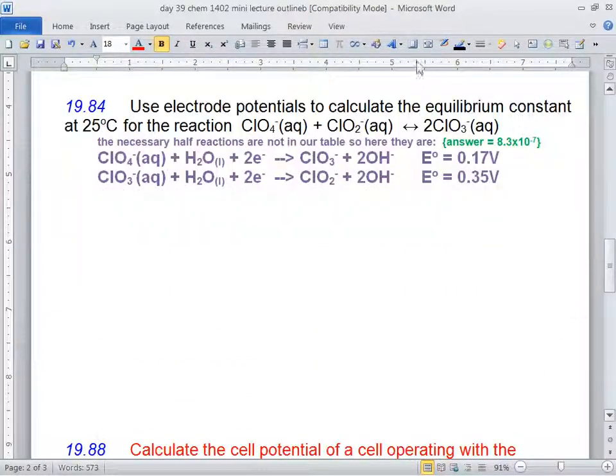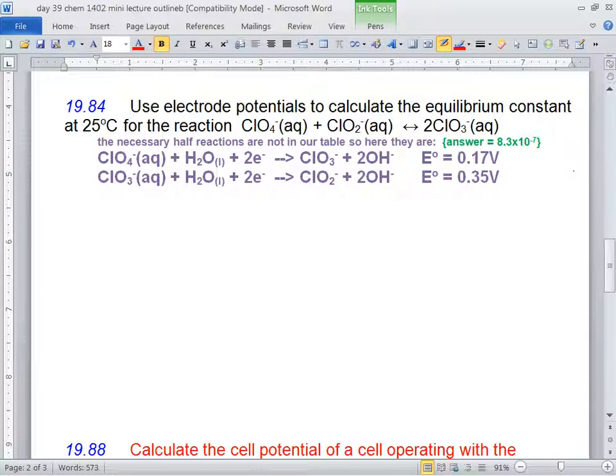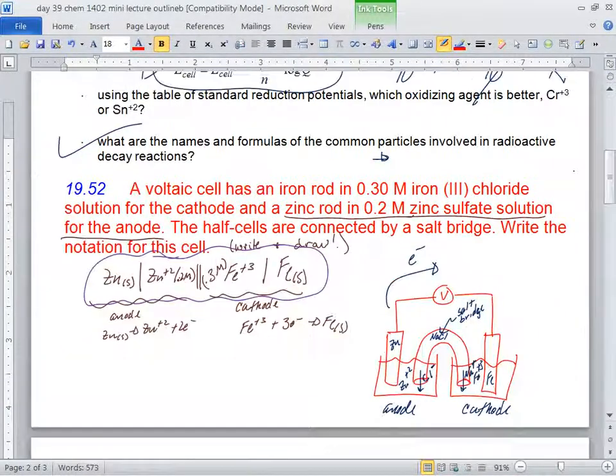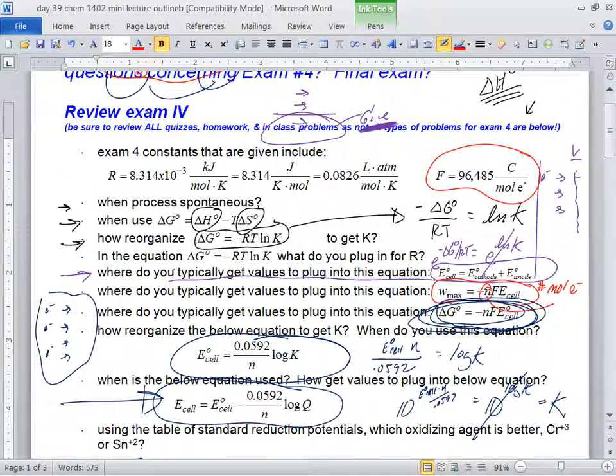Anybody get started on 84 and have a game plan? Out of this whole big mess up here, what equation are you going to use to work on 84?